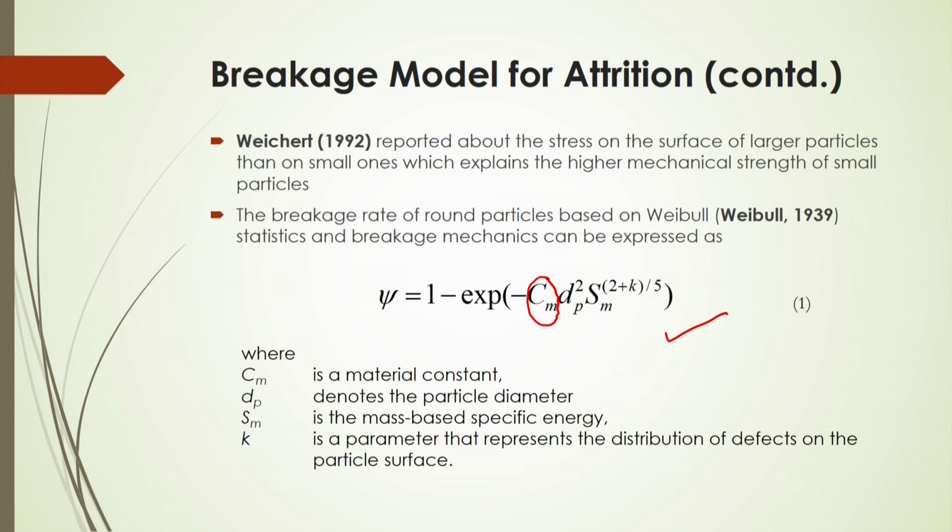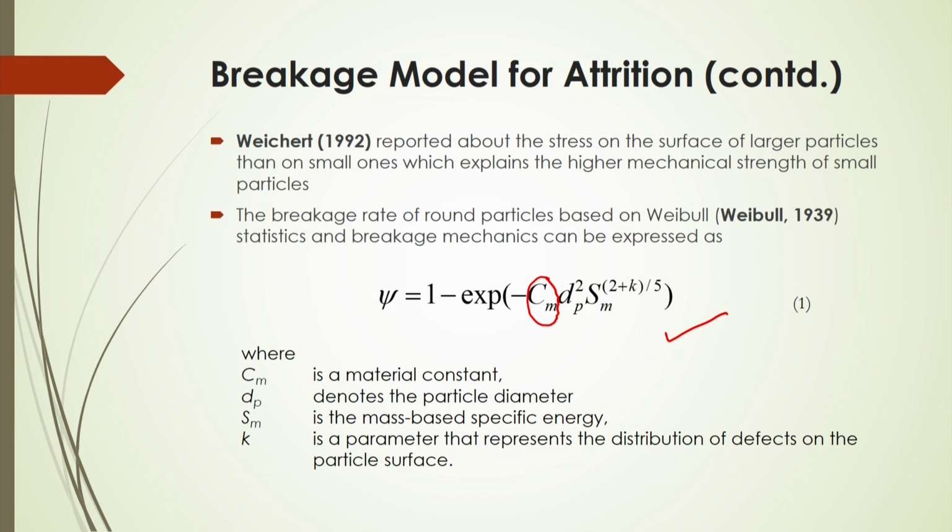This is the material constant which will be obtained by numerical simulation or from experimental data, and dp denotes the particle diameter, and Sm is the mass based specific energy, that is, the specific energy consumed for the collision of solid particles with the wall, and k is a parameter that represents the distribution of defects on the particle surface.